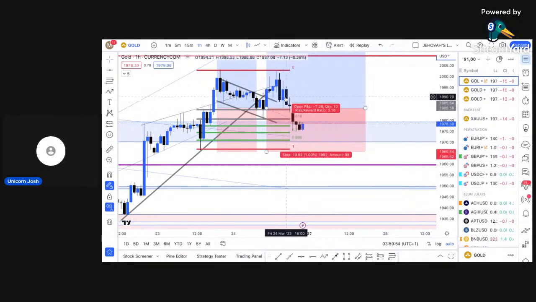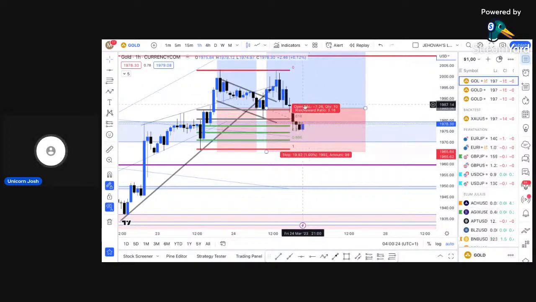I had the idea to close my trade at least in a bit of profit, but for one reason or the other, I chose not to, and now I'm in a loss, and I'm not willing to cut my trade at a loss. So two things can happen. It could go all the way to my stop loss and I lose the trade, or it goes back into profit and I have the opportunity to close my trade in profit.